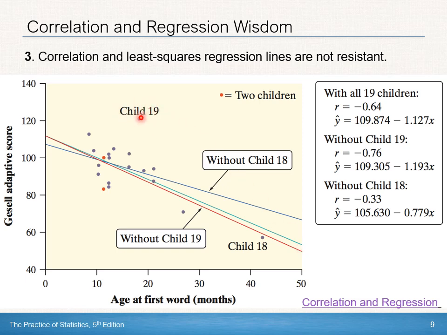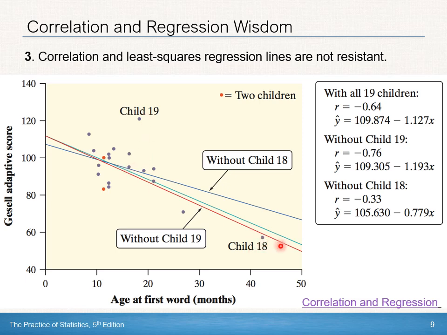Then what happens to the correlation? The correlation gets stronger, right? Because the data is now more linear. The line also changes a little bit. This 18 pulls it down closer to it. It's a little bit further away from the 19 and getting closer to the 18.